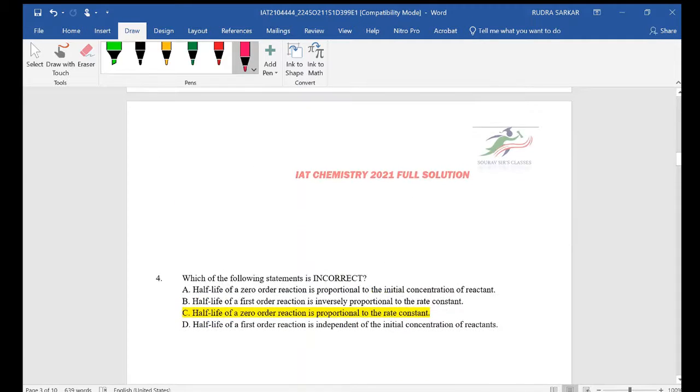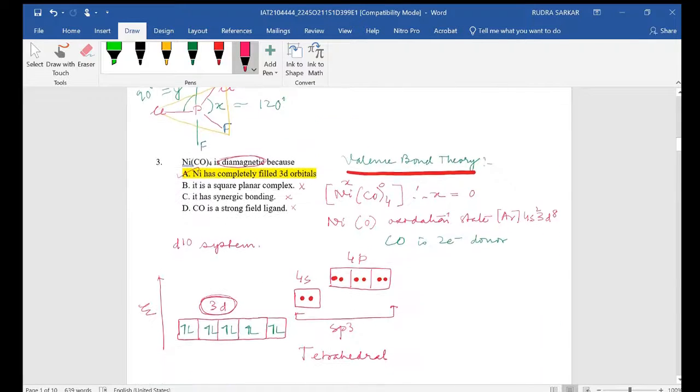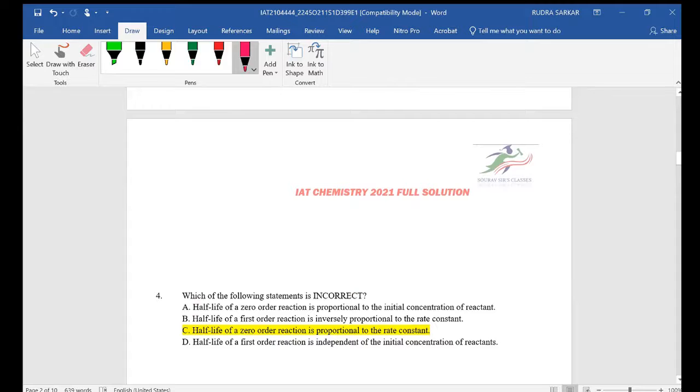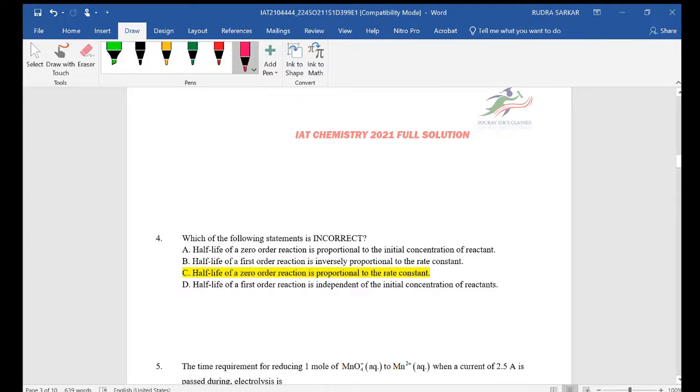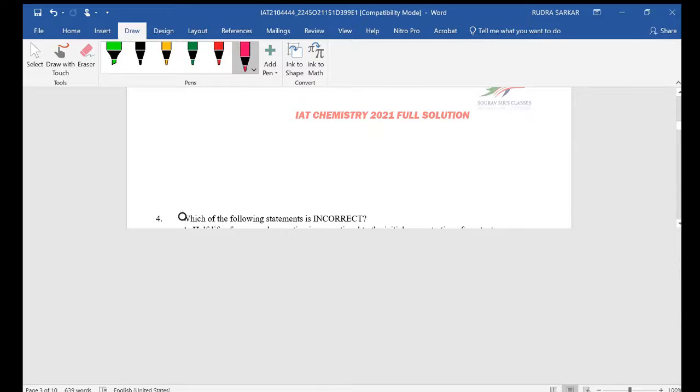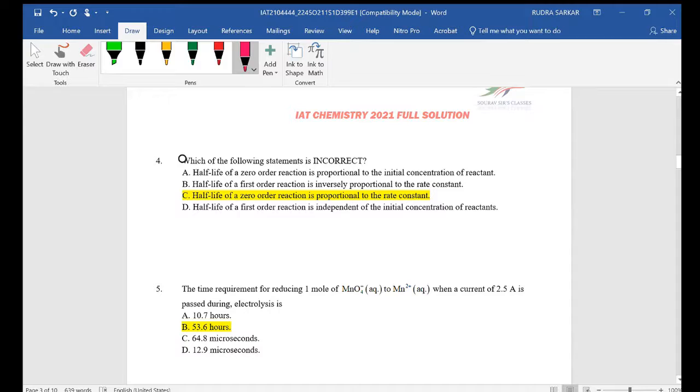We will consider this question over here, which is saying, which of the following statements is incorrect, and the options are given.